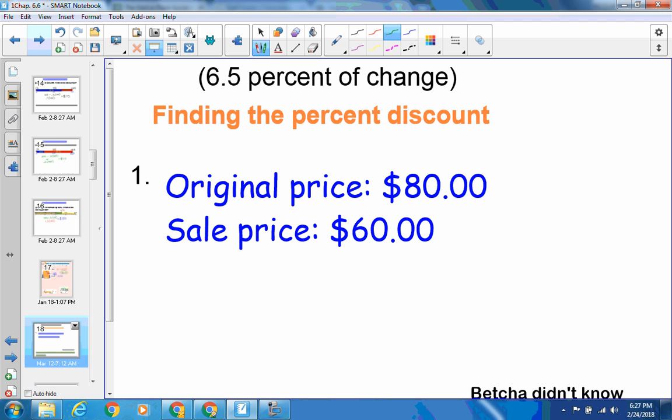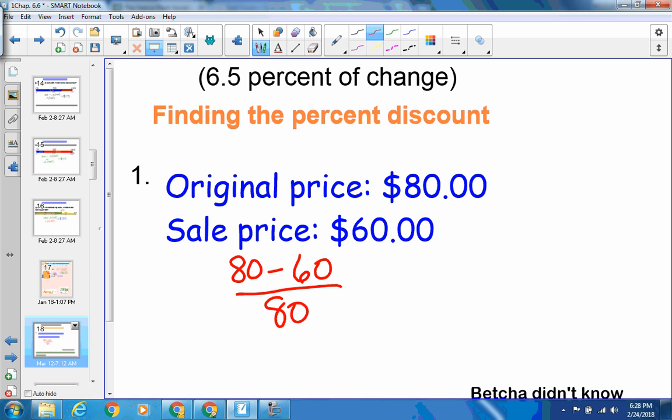Example one. You do this exactly like we've been doing percent of change, so that's nice, nothing new, because we want to see how much the price changed by to see what that discount was. So you have to do that same method we did in the last section. We take the original minus the new price and divide by the original price.